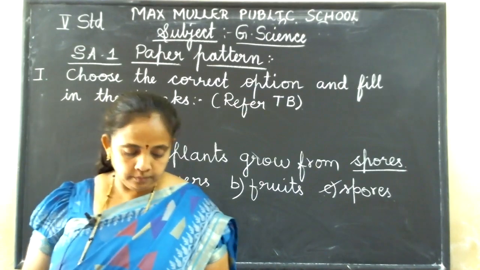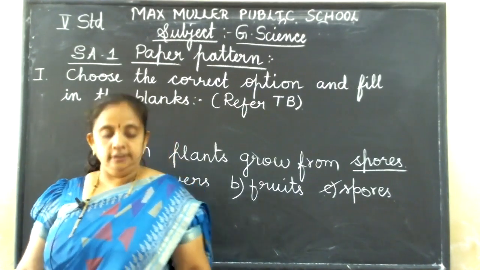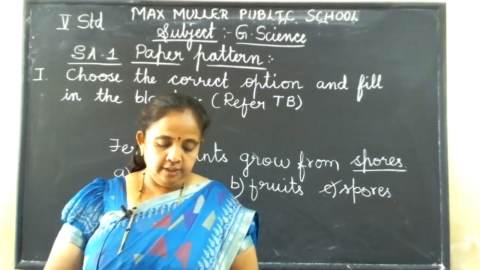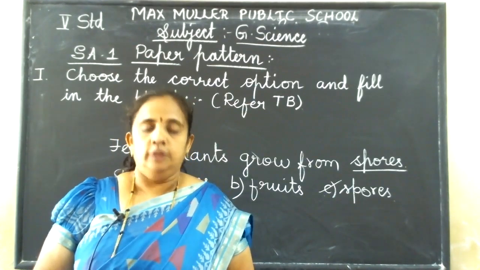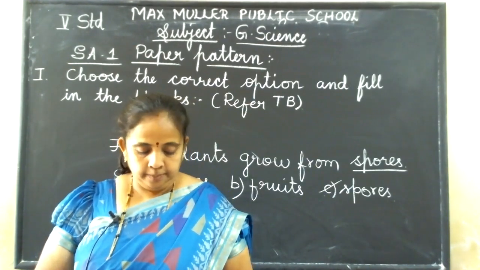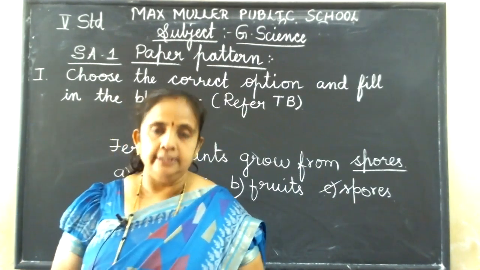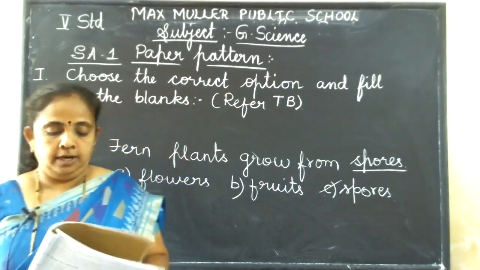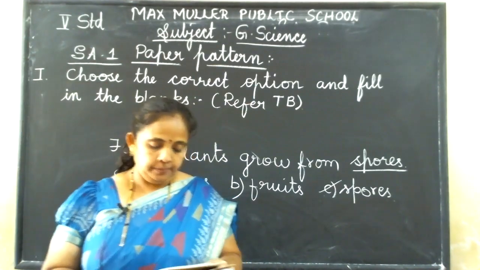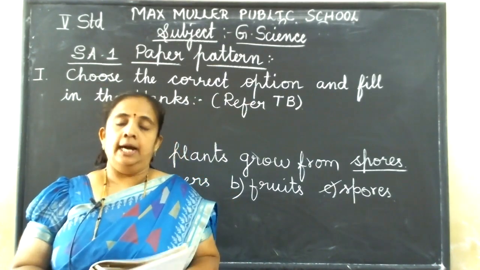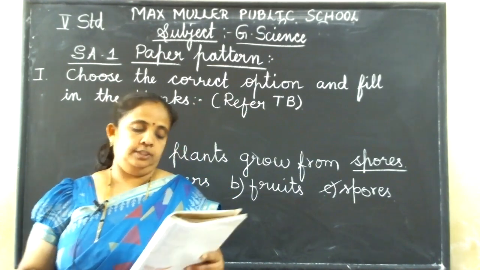Page 36. Choose the correct option. First, which is the largest part of the brain? A. Cerebrum, B. Cerebellum, C. Medulla. So which is the largest part? A. Cerebrum. Next, second. Which of these keep the eye clean and moist?